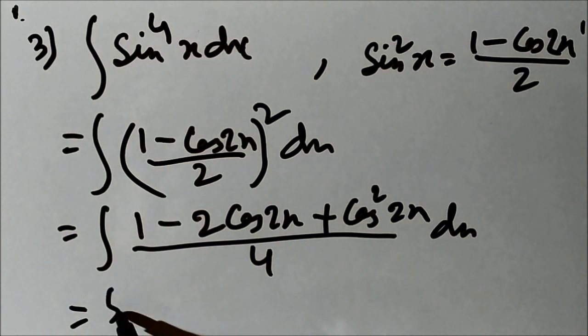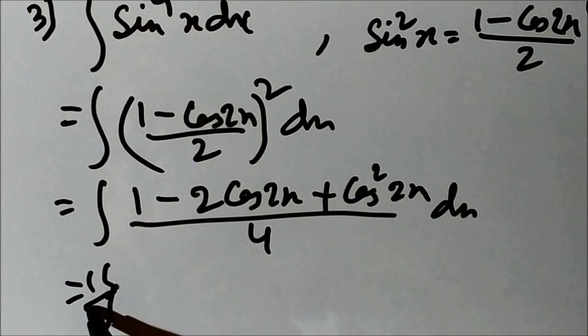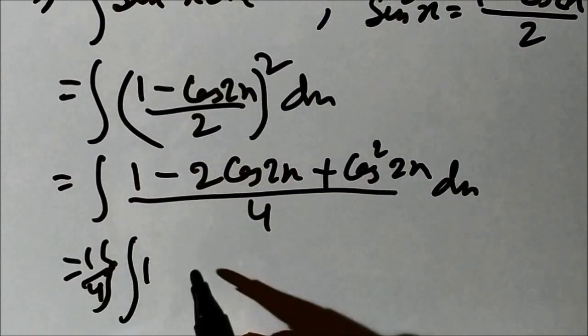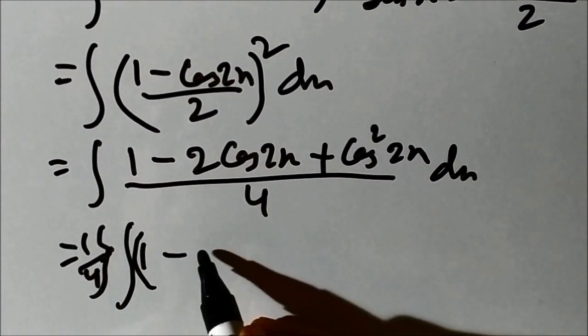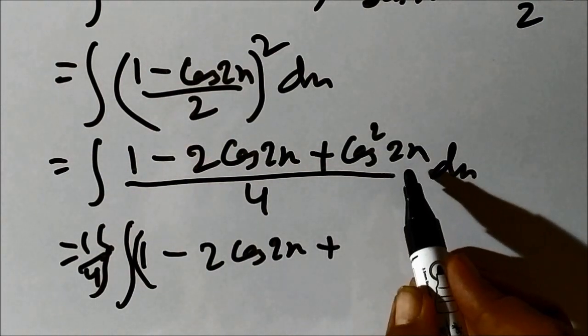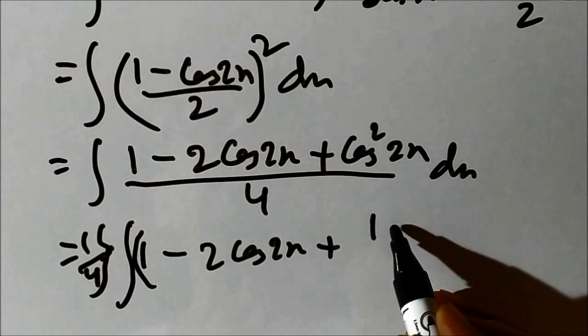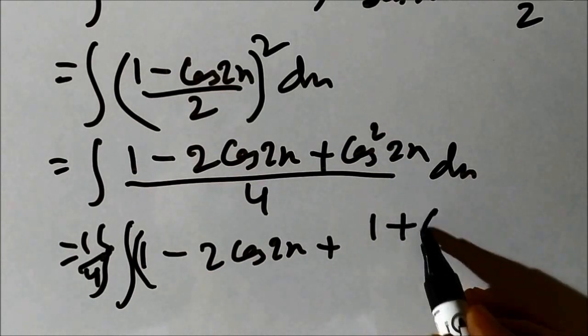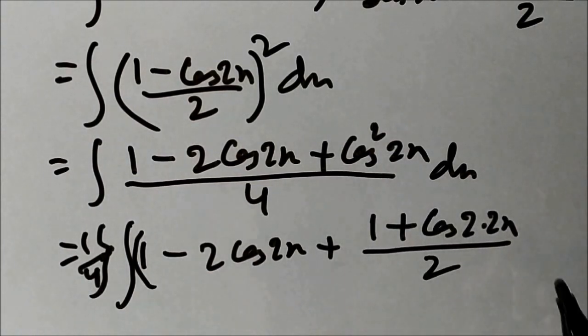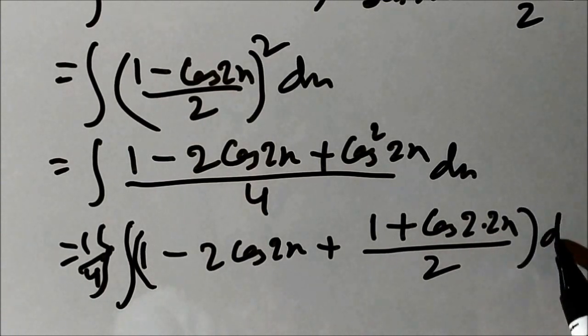Now again this equals 1 by 4 the integral of 1 minus 2 cos 2x plus, again using cos square x equals (1 plus cos 2x) by 2, here (1 plus cos 2 into 2x) by 2, whole dx.